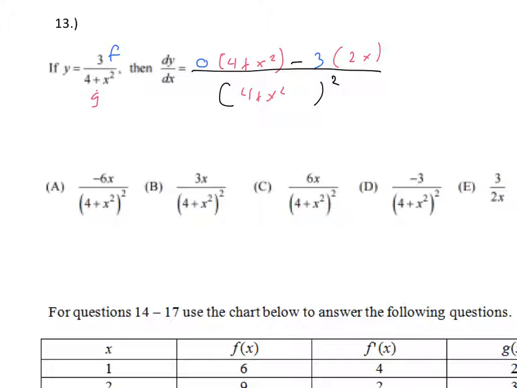In the numerator, I get 0 minus 6x. So I have negative 6x in the numerator divided by the quantity 4 plus x squared squared.